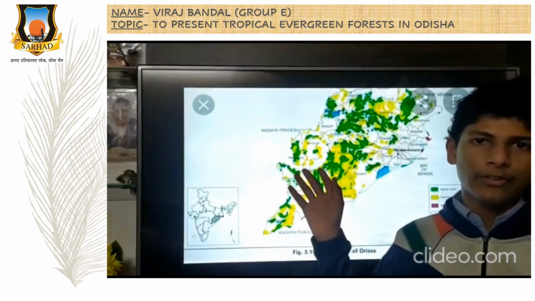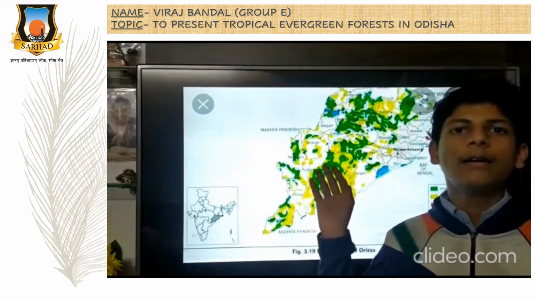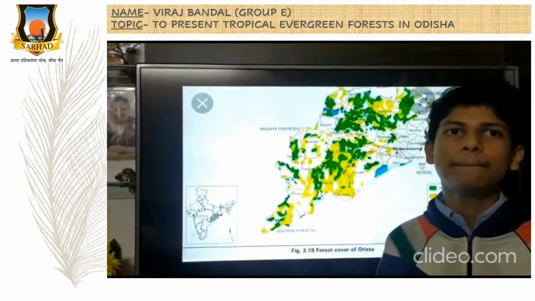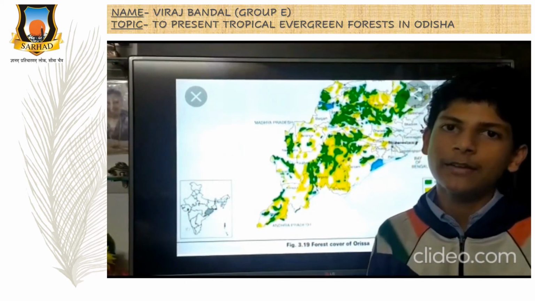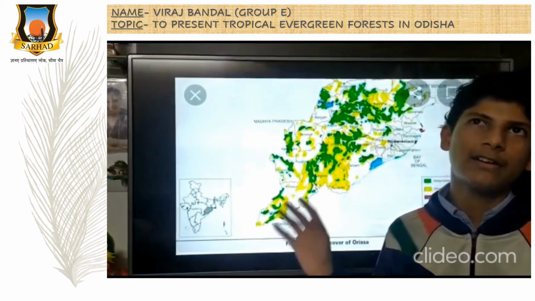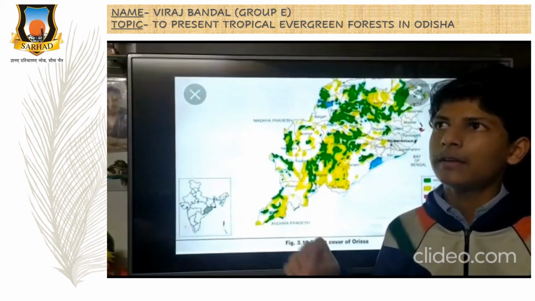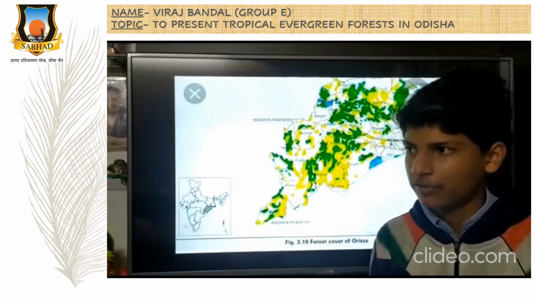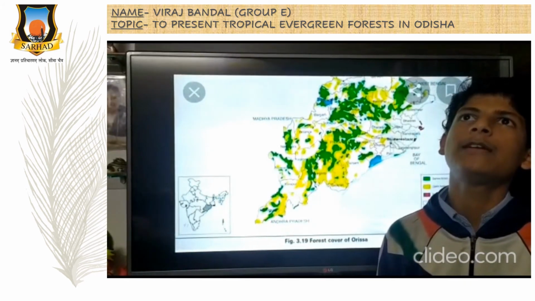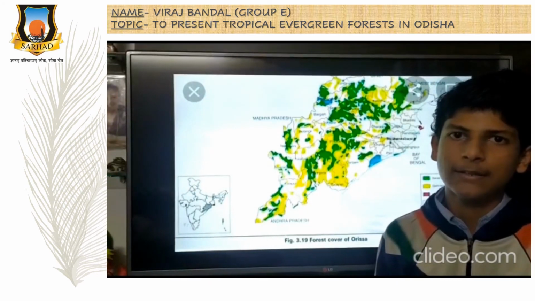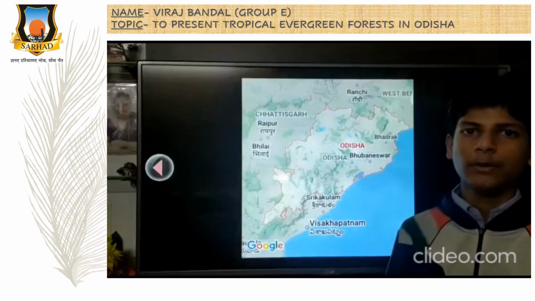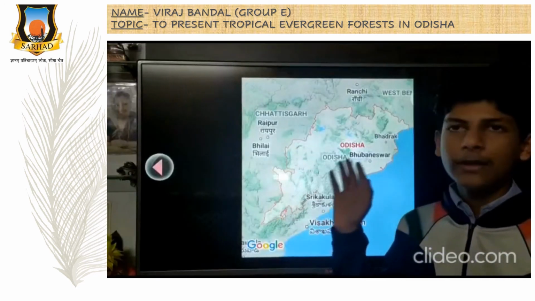And these forests are very different from the forests found in our state, because they include very different species of herbs, shrubs, and flora and fauna, and also different species of animals and plants. You can see the 3D map of the state of Odisha.